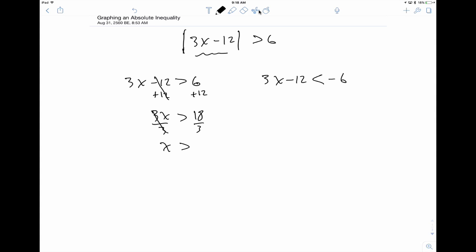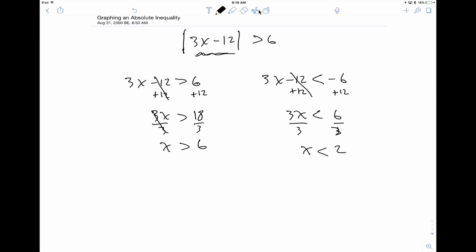So x could be greater than 6, as it turns out, and that's not the best example because we're back at 6 again. But over on the other side, we don't end up with 6. We end up with x less than 2, actually, to satisfy this absolute value inequality.